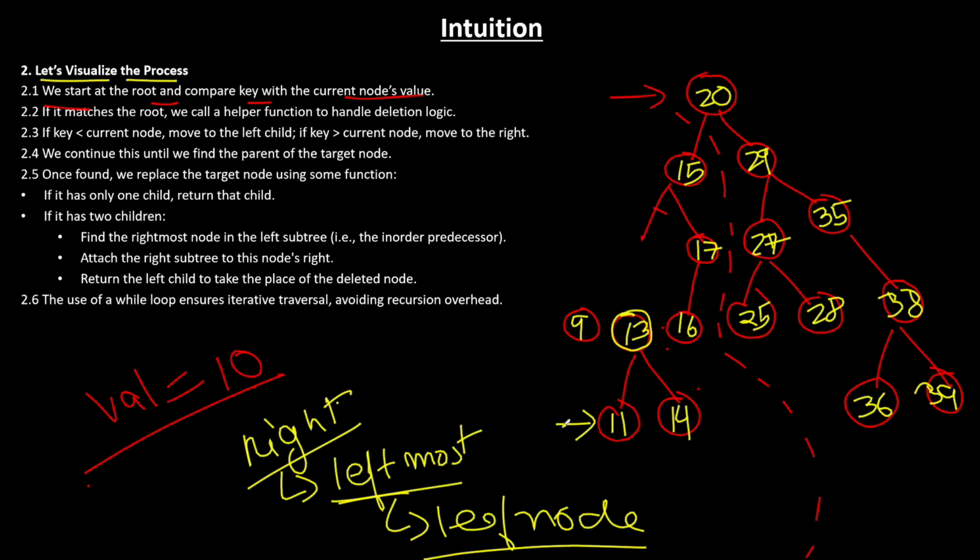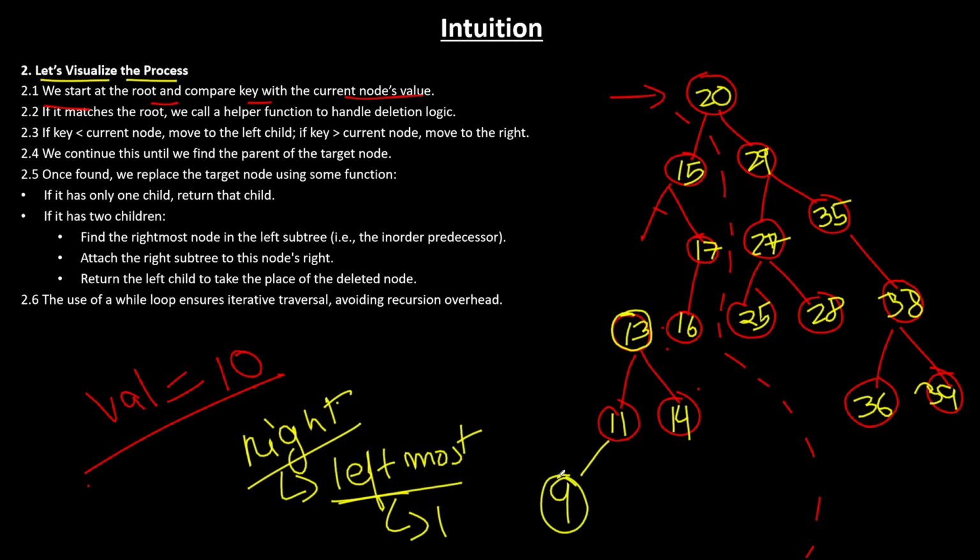Am I correct? Yes. Now you will connect the left-hand side of this particular node to 9, and the right side will be null, of course. So what will the tree look like? Let me draw it for you. I will say that this 13, from where I started, will get connected with 10's parent connectivity here.